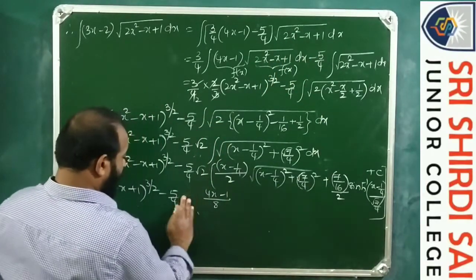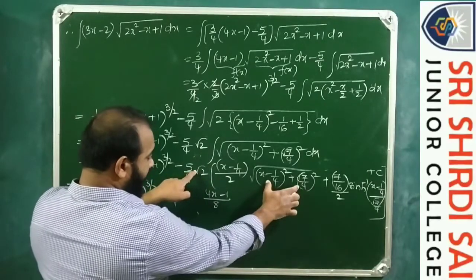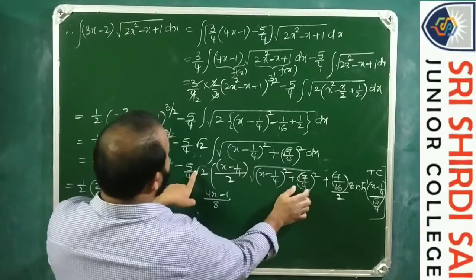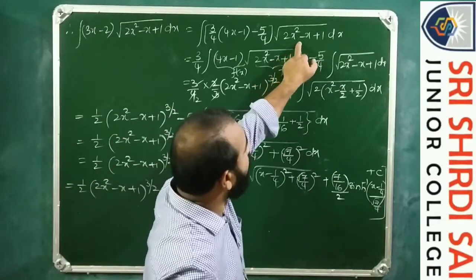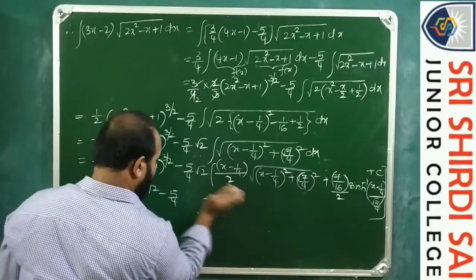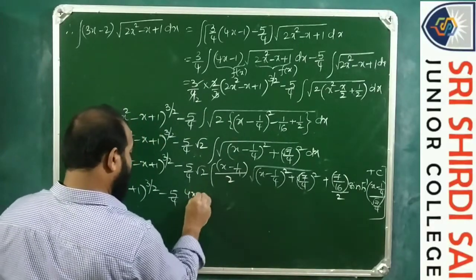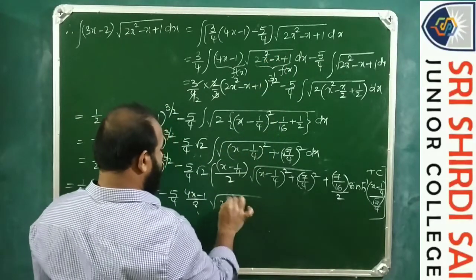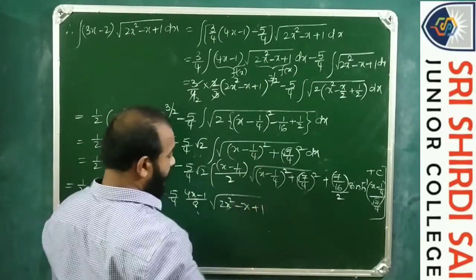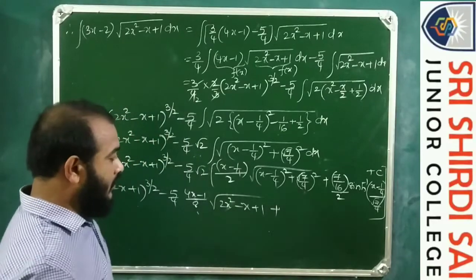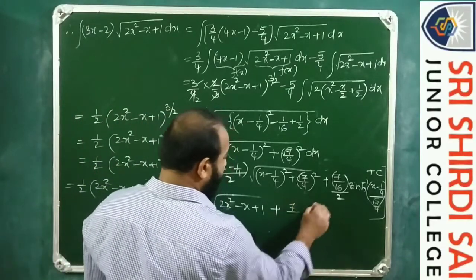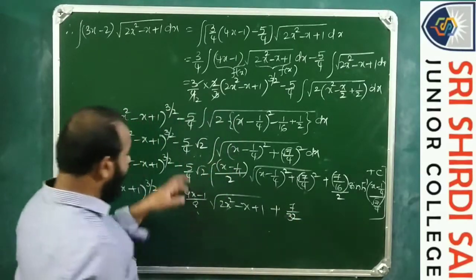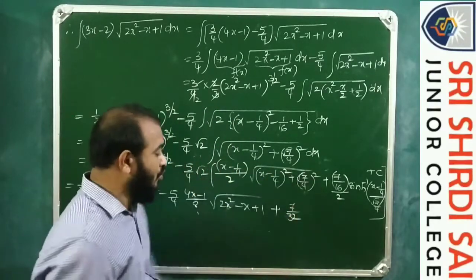So this is root 2. If you bring it inside, then root 2 into (x − 1/4) whole square plus (root 7/4) whole square is altogether root of 2x² − x + 1. So (4x − 1)/8 into square root of 2x² − x + 1 plus 7/16, 2s are 32, into 5/4 into root 2.